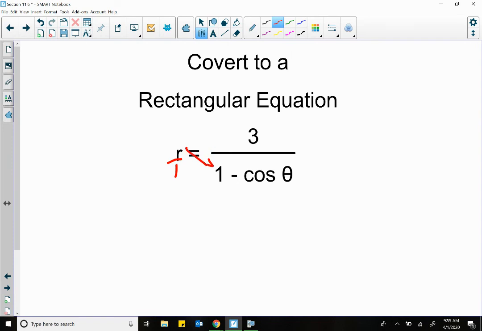So we're going to take r times all of that. So that gives us r minus r cosine theta. Oh, look, we know what some of this stuff is. Cool beans. And what's 1 times 3? 3. Okay? So what do we do now?